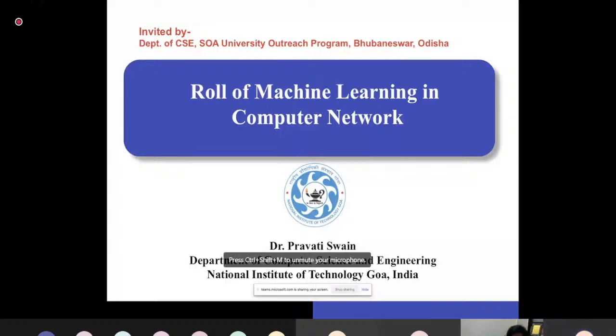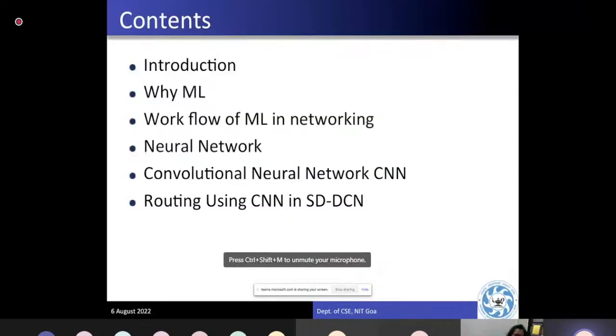The specific network is called the software defined network, and there we are using deep learning models. This is the basic discussion we will have today: why machine learning, the different workflow of machine learning in networking, that is the computer network, the neural network, the convolutional neural network, or routing using CNN in SDN. I will come to the last point in more detail, which is our research work.